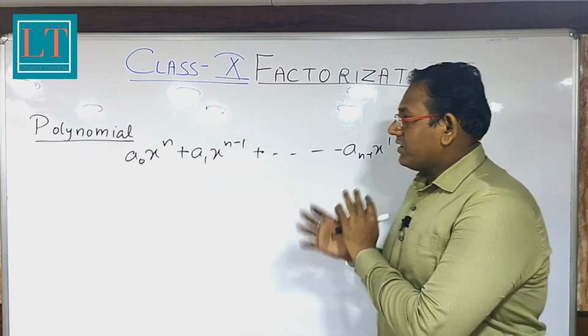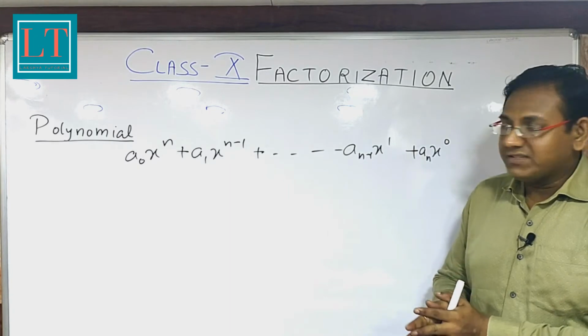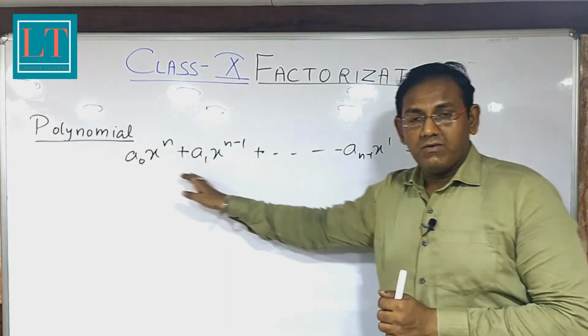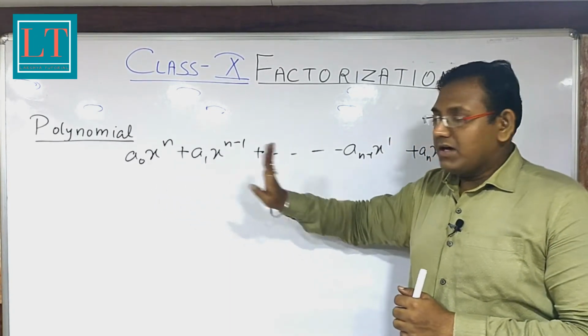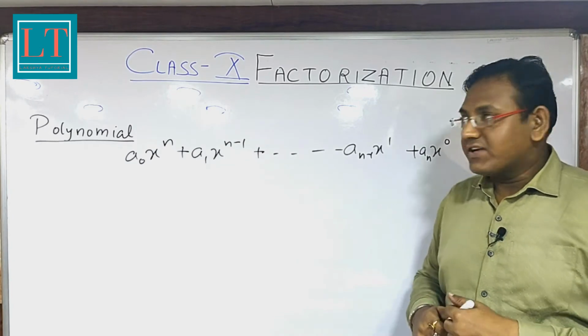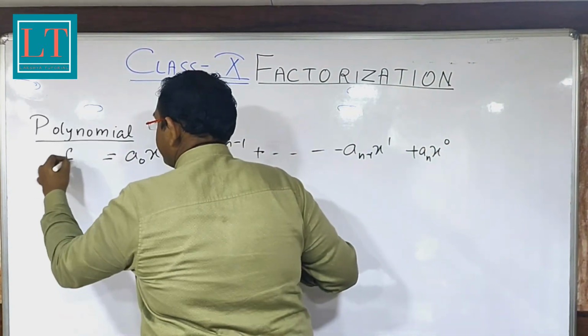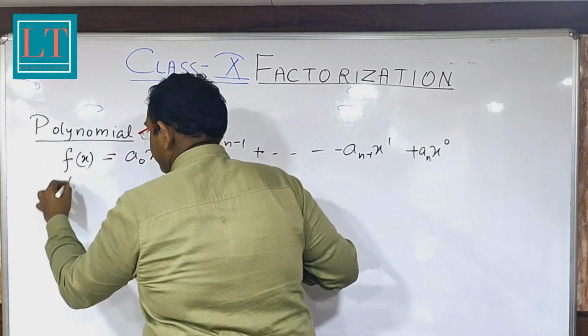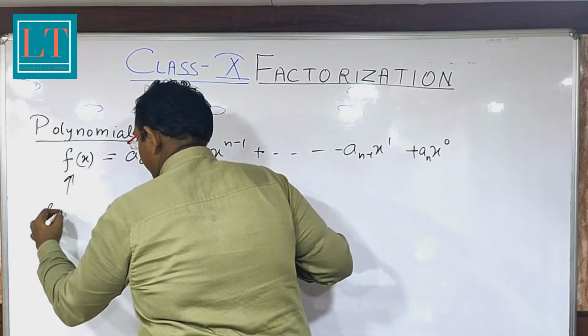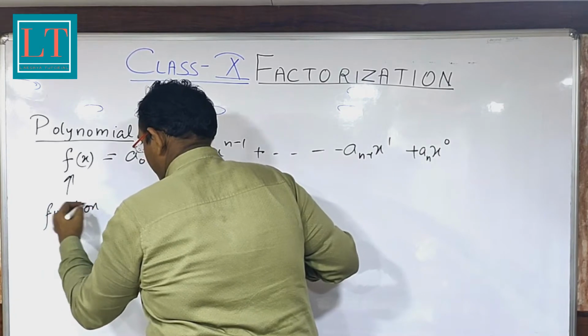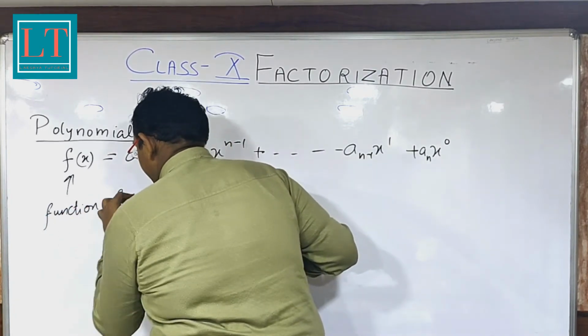So we understood what is called a polynomial. A given expression which can be easily expressed in powers of x is called a polynomial, and we generally denote this entire expression as f of x, and this symbol basically means function of x.